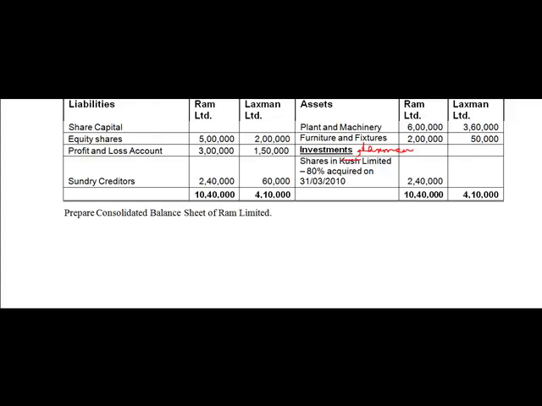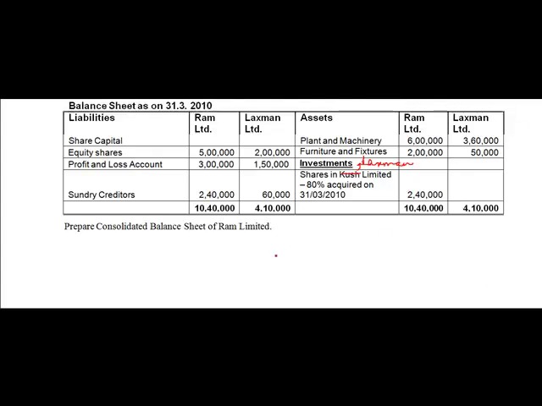In my case, this is the simple example because the balance sheet is also on 31/3/2010 and the acquisition date is also 31/3/2010. So I need to prepare a consolidated balance sheet of Ram Limited, and this balance sheet is on 31st March 2010, which also happens to be my acquisition date.